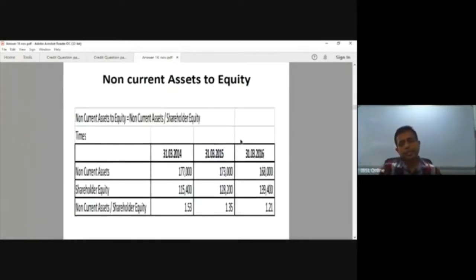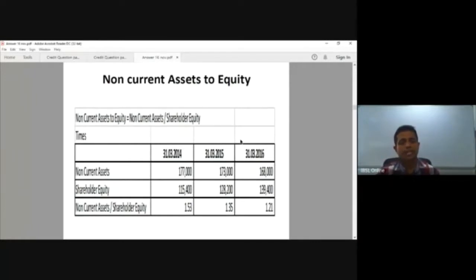The next ratio under efficiency, that is non-current assets to equity. No need to take any average balances since both items are from the balance sheet. Directly take the non-current assets and shareholder equity, given in the balance sheet.